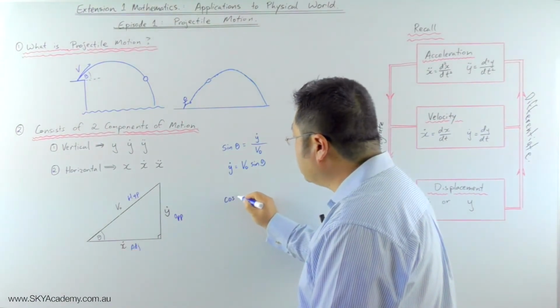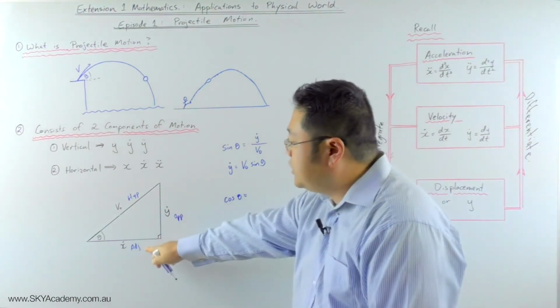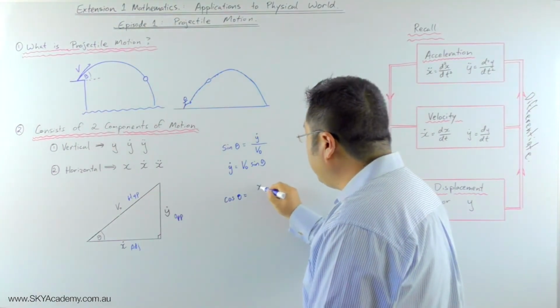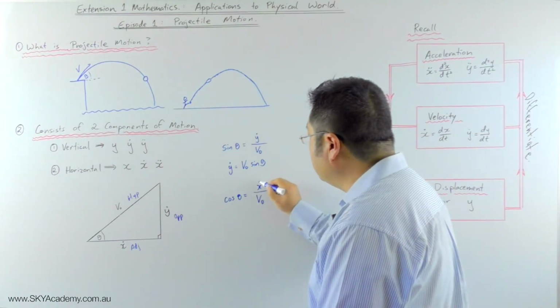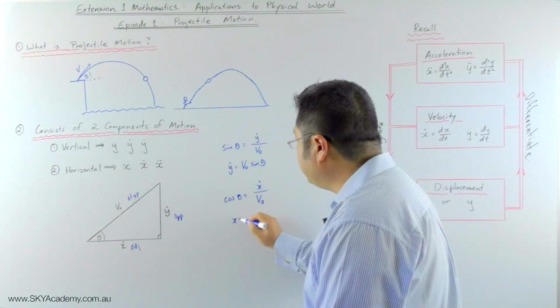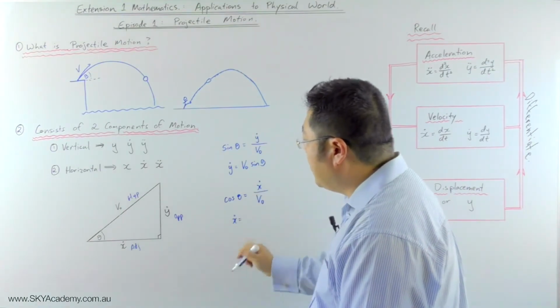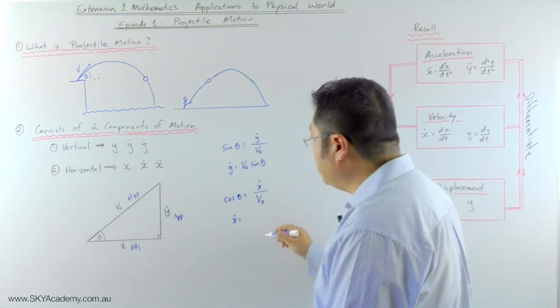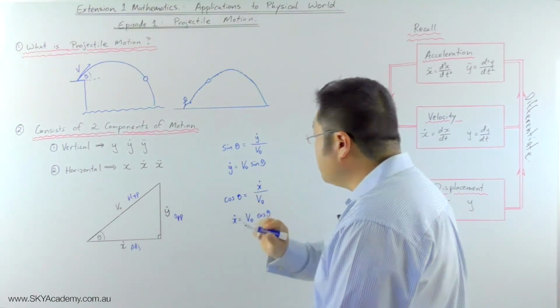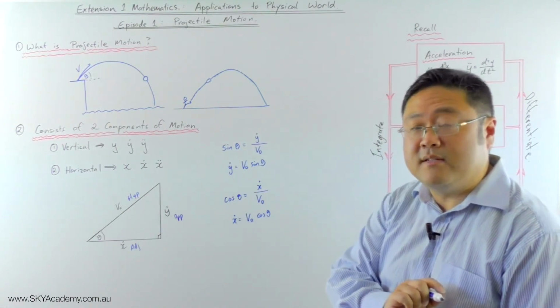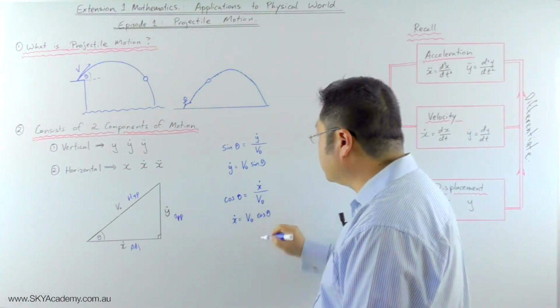We're using cos this time: cos theta is adjacent over hypotenuse, x dash over v0, which gives us a horizontal velocity of v0 cos theta. Does that make sense? That's essentially what's going on.